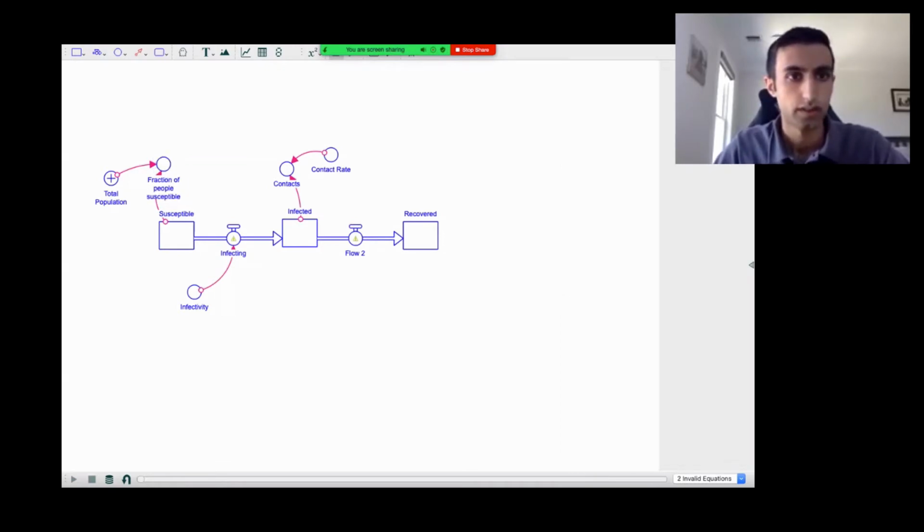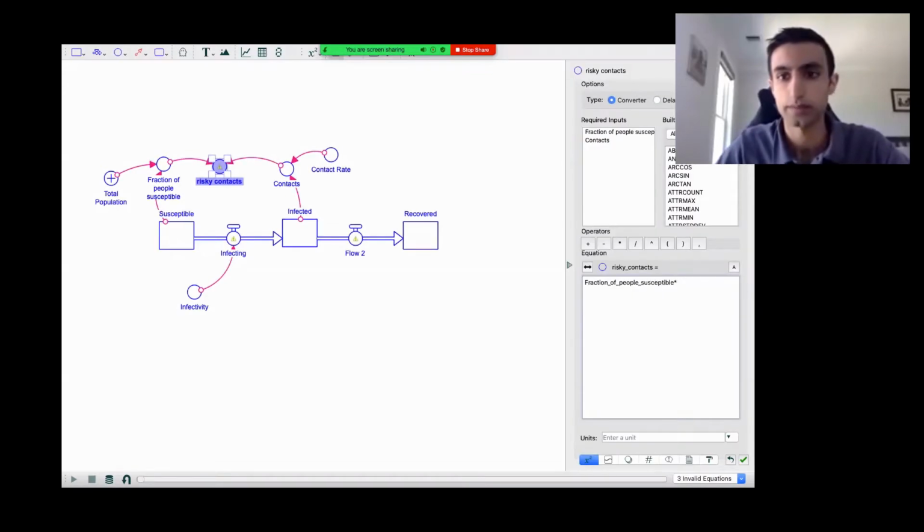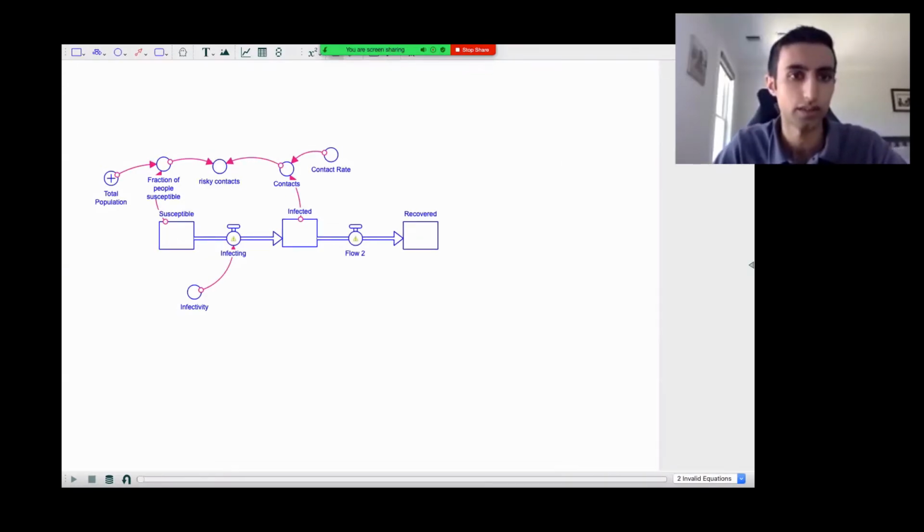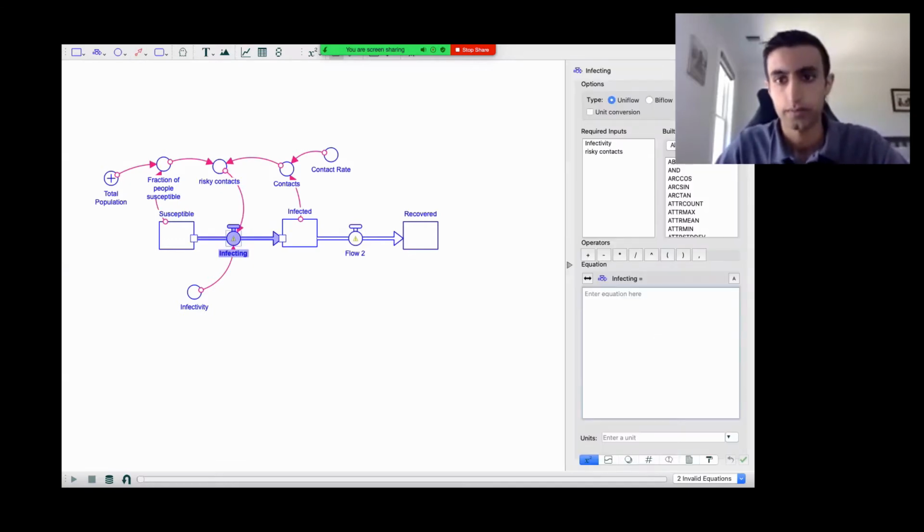Now we can find out how many risky contacts there are, which would be a contact between a susceptible person and an infected person. So if you multiply the number of contacts with the fraction of susceptible people, you get risky contacts. And you can see then how this is used in conjunction with infectivity to determine the rate at which people move through infecting and become infected.